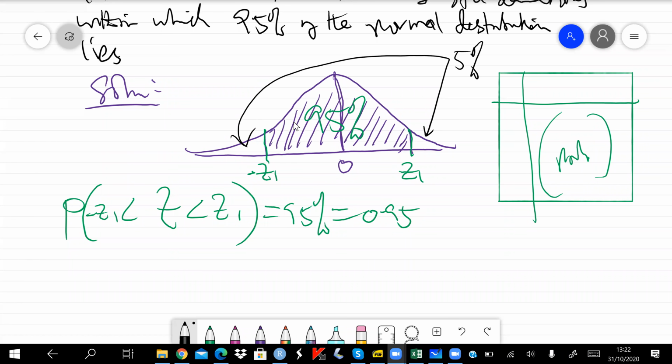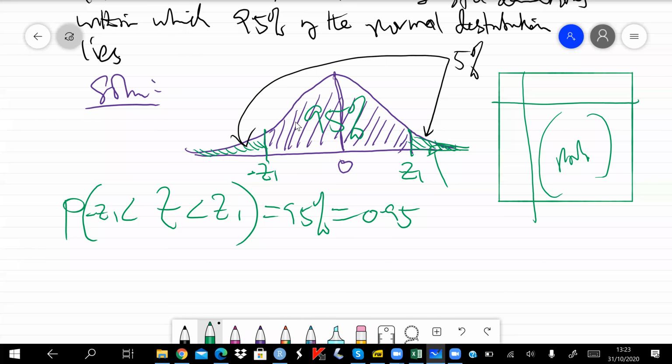And because the normal distribution is symmetrical, we know that this area here is exactly equal to this area here. So the area that I've just shaded in green is the same as the upper area times 2.